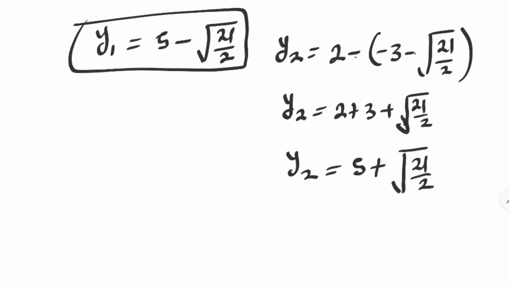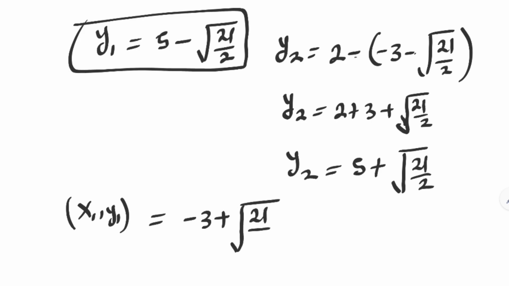Therefore, our final answers are x1, y1 is equal to minus 3 plus the square root of 21 over 2, comma 5 minus the square root of 21 over 2.